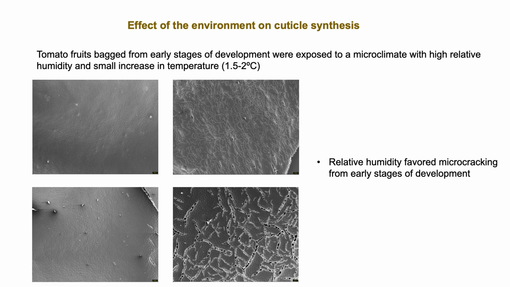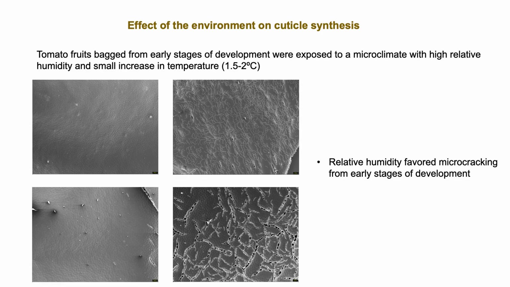This doesn't come as a surprise. We all know that water deposited on the surface of a cuticle will induce cracking, especially microcracking. That has been proven in many species, such as pears, mangoes, apples, even sweet cherries, if memory serves.